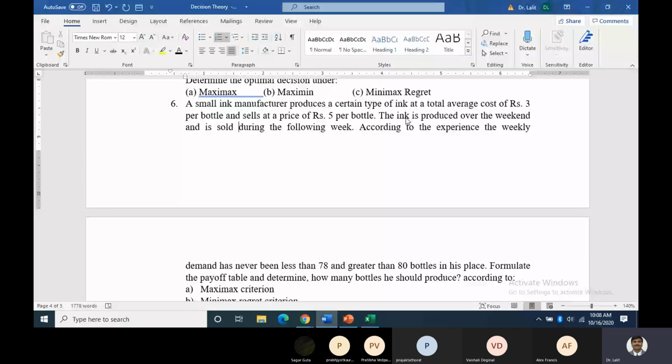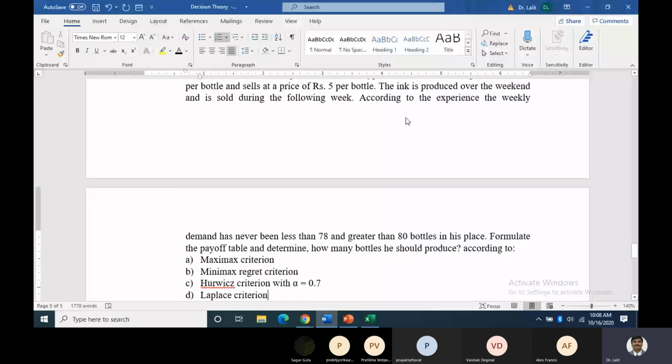According to the experience, the weekly demand has never been less than 78 and greater than 80 bottles in his place, which formulate the payoff table and determine how many bottles he should produce according to Maximax criteria. Okay, according to different criteria.